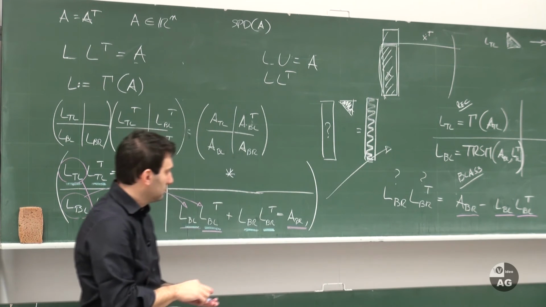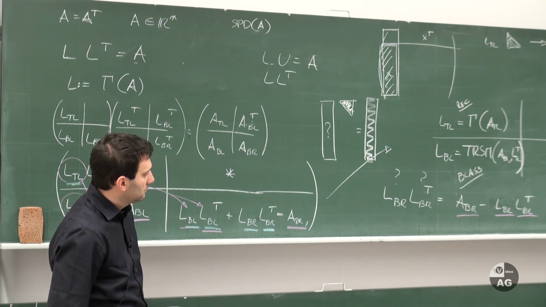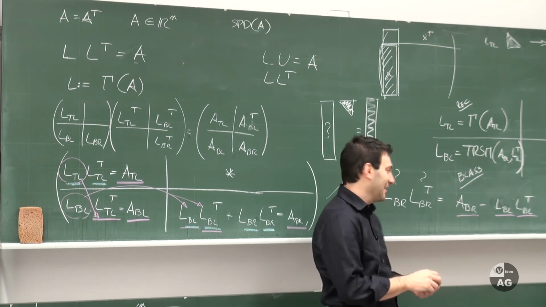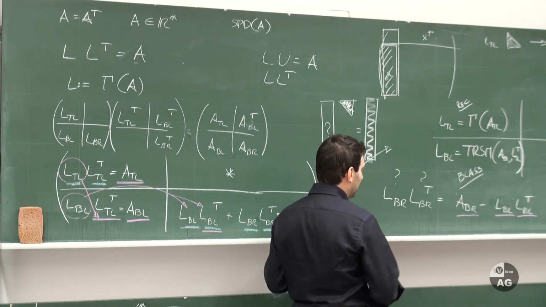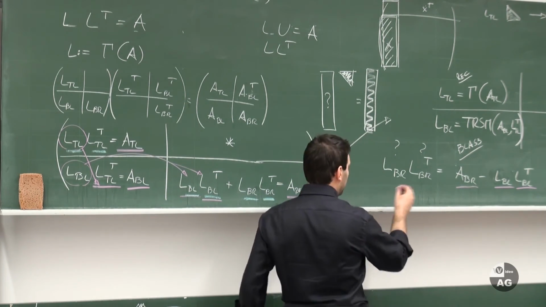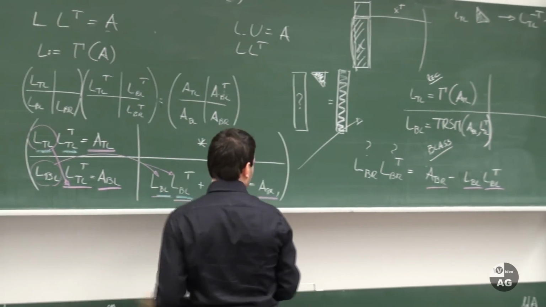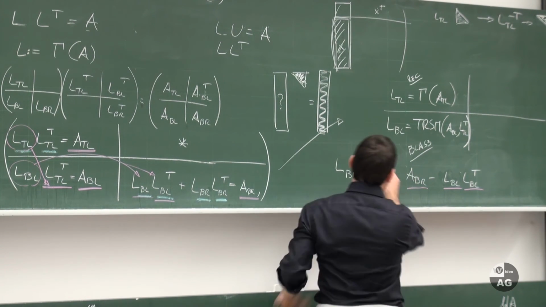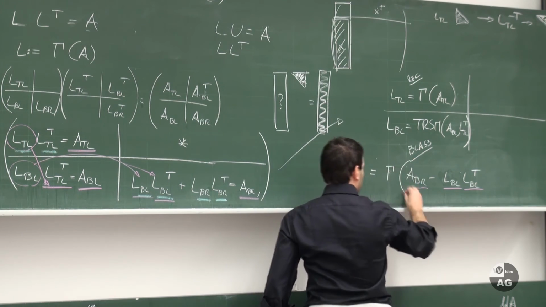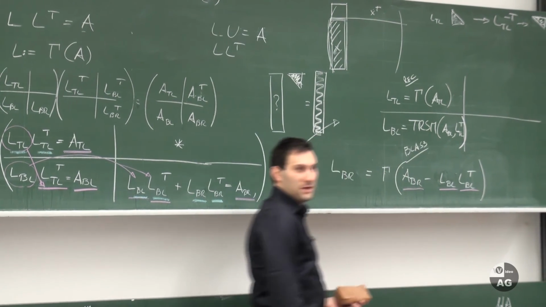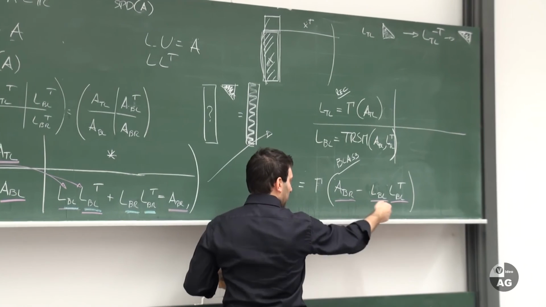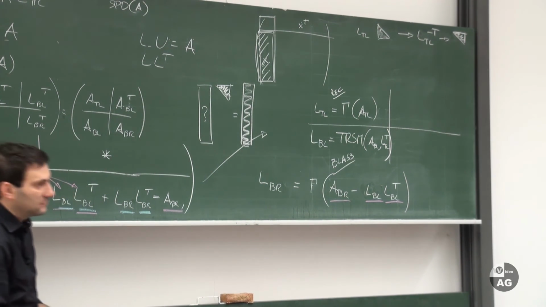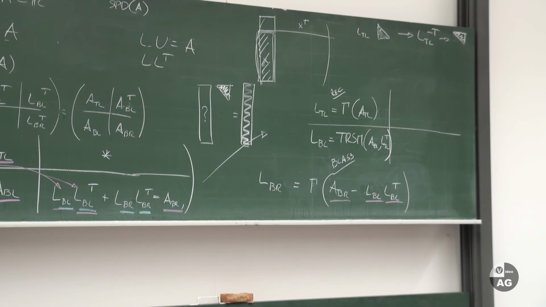So L bottom right is a function of the right side. Yes, you guys got excited by recursive definitions, so yes, I agree with you. Let me rewrite this. Equals Cholesky of this. But first of all, we should probably compute this. So how do we compute that?